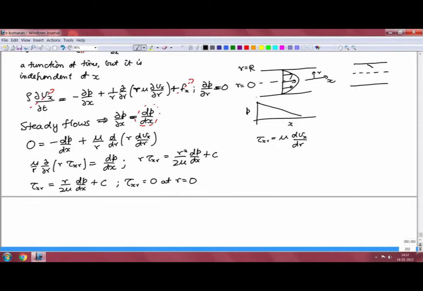If the velocity profile or the temperature profile looks something like this and it is axisymmetric, then the velocity profile from the other side has to look something like this, just from symmetry. Similarly, from all other directions, the slope of the velocity profile will be non-zero at the axis at r is equal to 0.